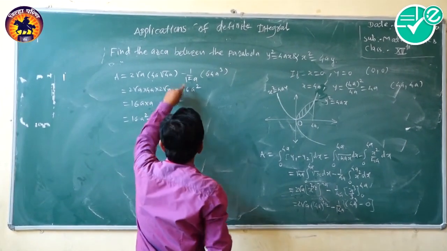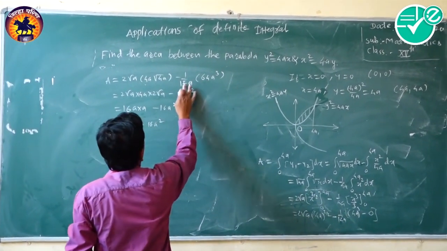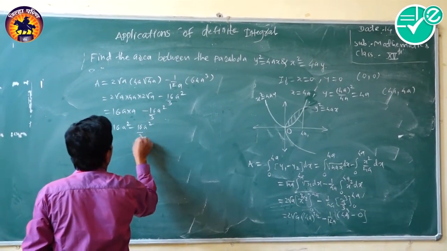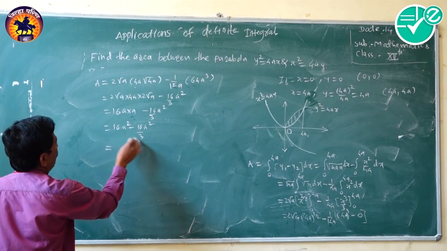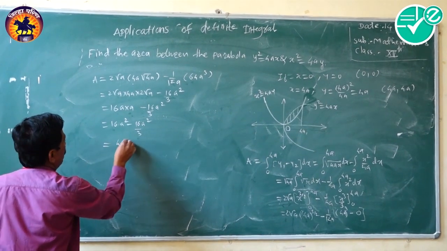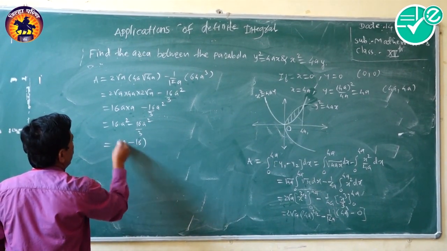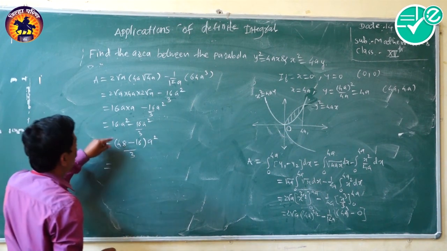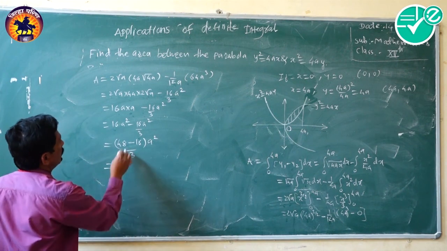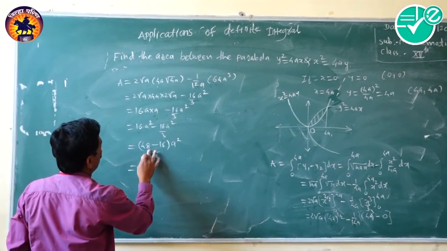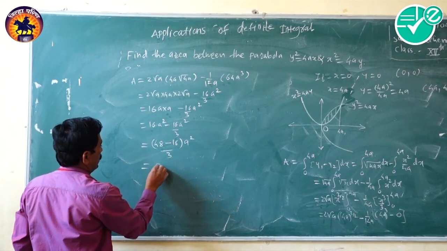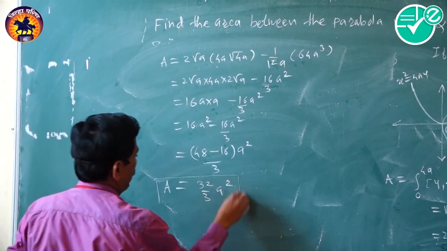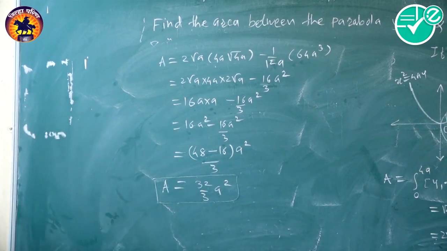Therefore, this will give us 16 by 3, and this is nothing but 48 minus 16 into a square by 3 is equals to 32 by 3 a square. This is the area of given region.